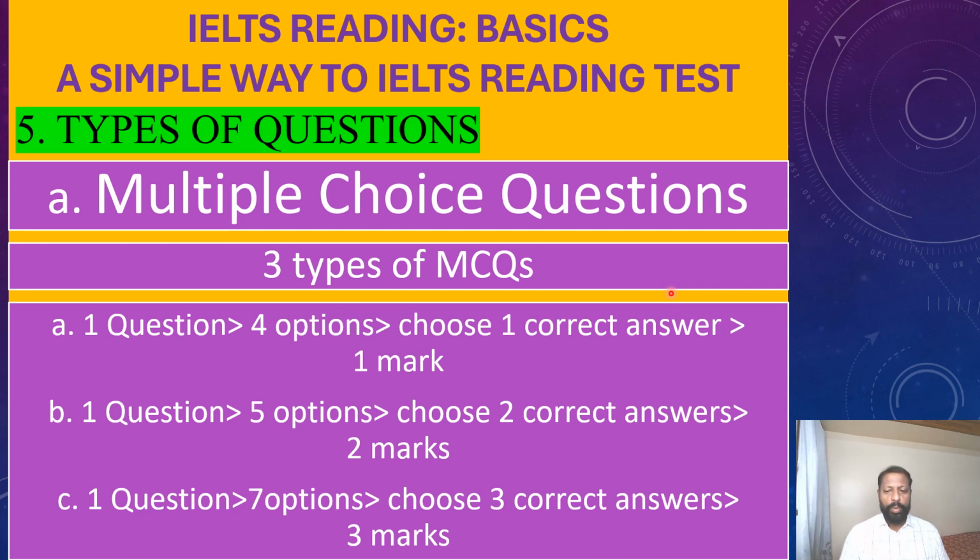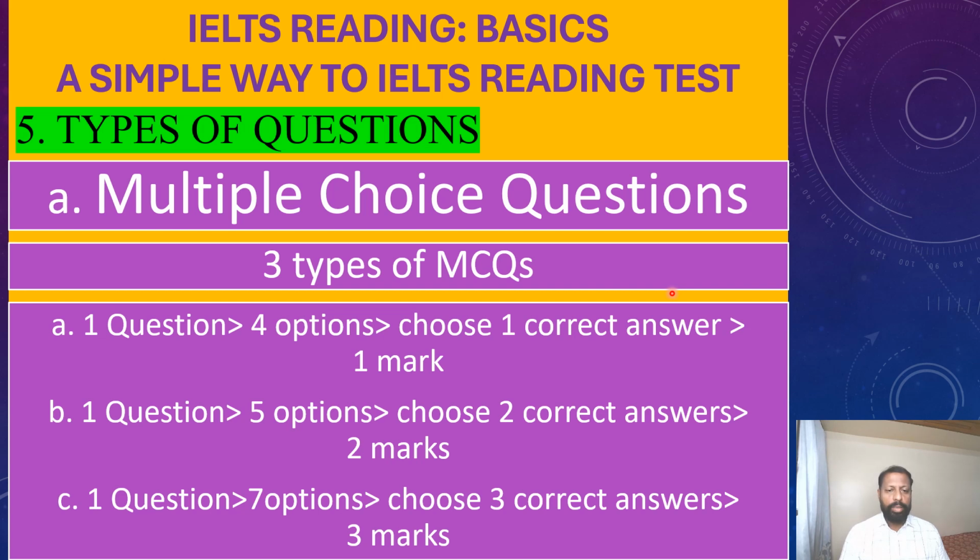The first type would be one question with four options, and you need to choose one correct answer and you are eligible for 1 mark. So this is the first type of question, MCQ. Then the second type of multiple choice question would be one question, 5 options, and you need to choose 2 correct answers, as we have just seen, from A to E. You are eligible for 2 marks.